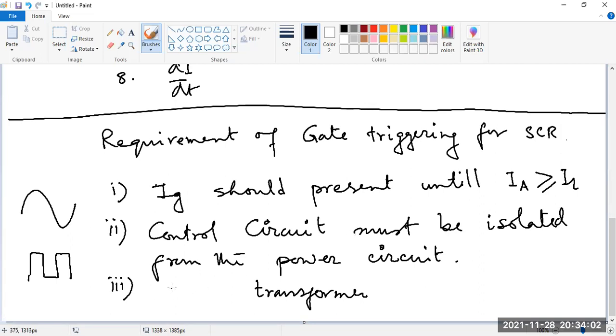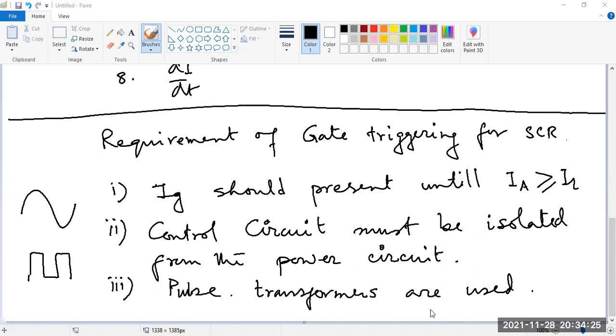So this type of transformer, which is designed to take a pulse as an input, is called a pulse transformer. Pulse transformers are used for this type of application. Correct?